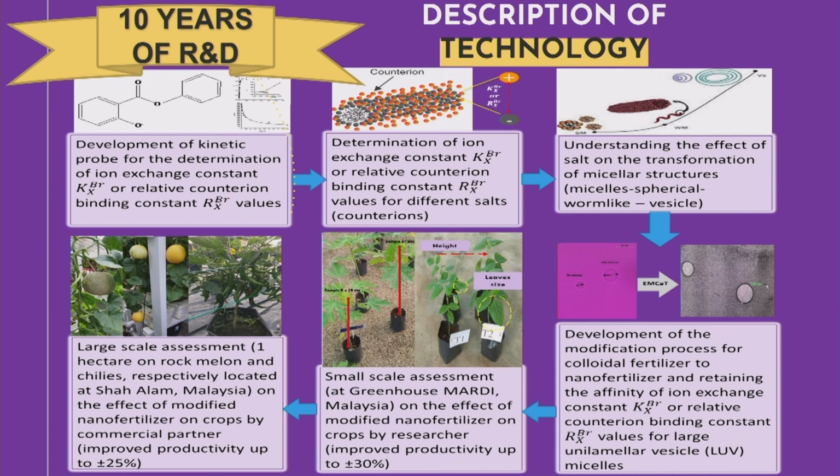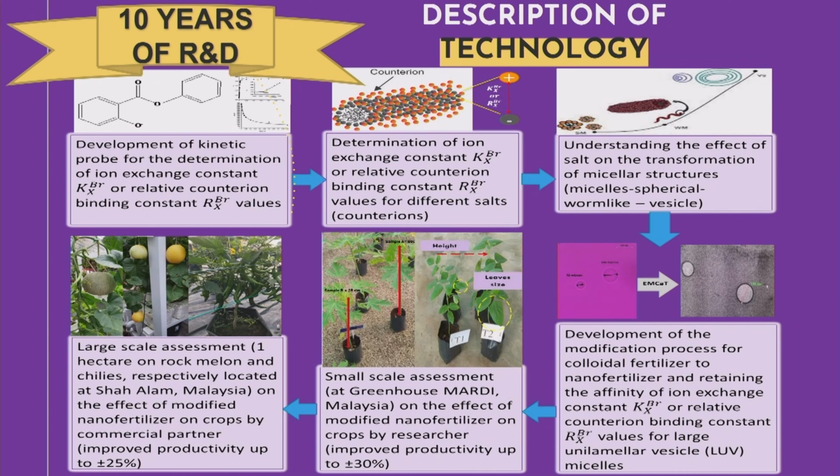Then we studied the development of the modification process for colloidal fertilizer to nanofertilizer, retaining the affinity of ion exchange constant, KXBr, or relative counter-ion binding constant, RXBr values for large unilamellar vesicle micelles. So we have the so-called nanofertilizer system.